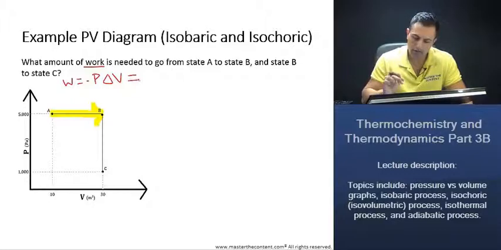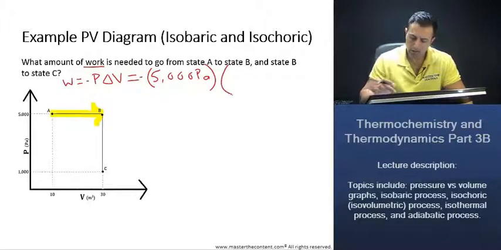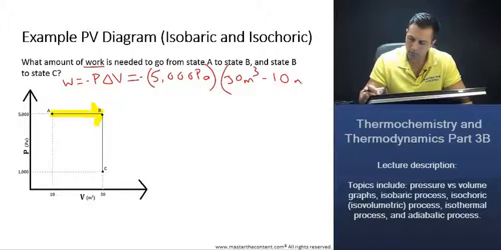Here we don't have a change in pressure going from A to B, so our answer is just going to be 5,000 pascals, and our change in volume, our final volume, is going to be 30 meters cubed minus 10 meters cubed.